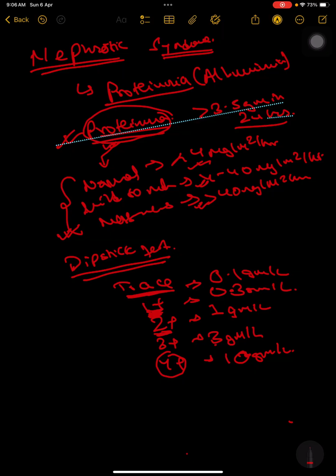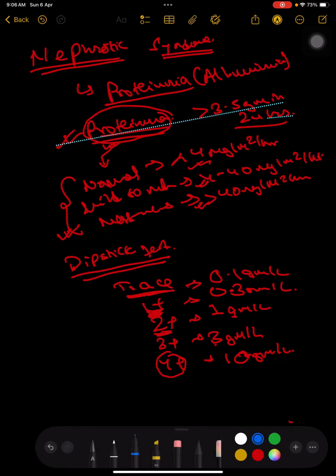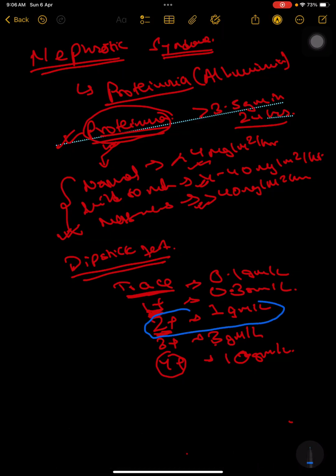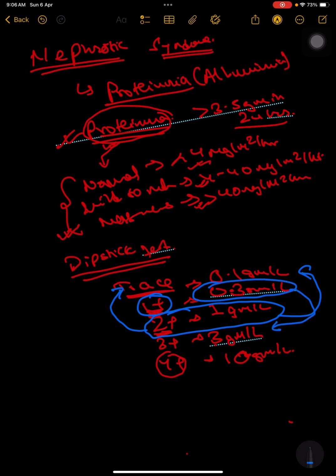So if you memorize the value for 2 plus being 1, trace 0.1, 1 plus 0.3, 3 plus 3, it's very easy. Proteinuria 4 to 40 and more than 40 are just multiples of 4. It's not difficult.